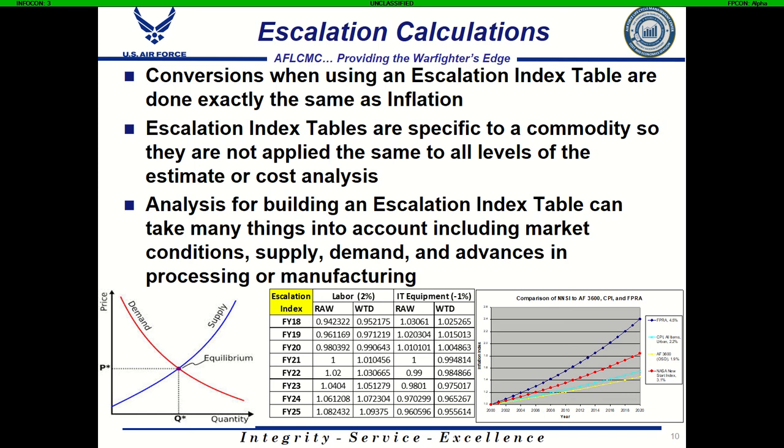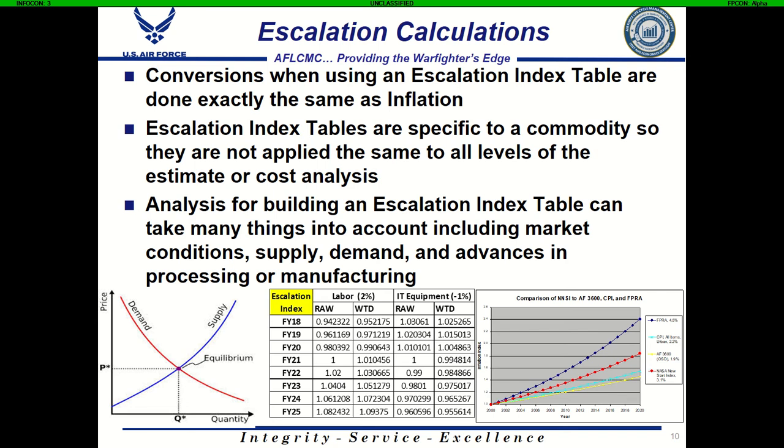Escalation index tables are specific to a commodity, so you only want to apply the escalation index to that specific commodity or the specific elements in a cost estimate that are part of that commodity. So you're not going to apply your escalation index table to your entire top line number. You're going to apply it very pointedly towards the things that fall under that specific commodity.